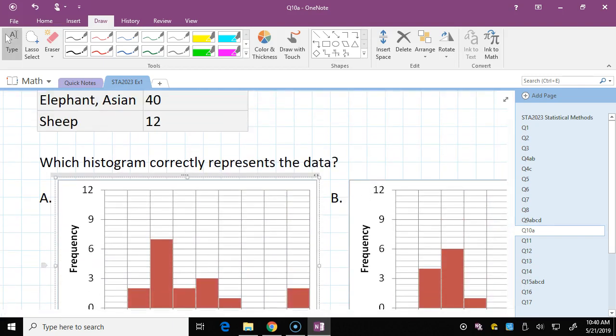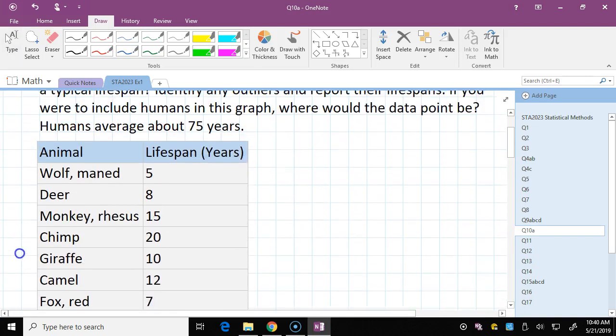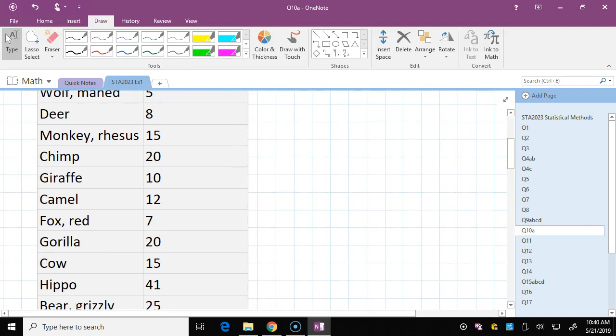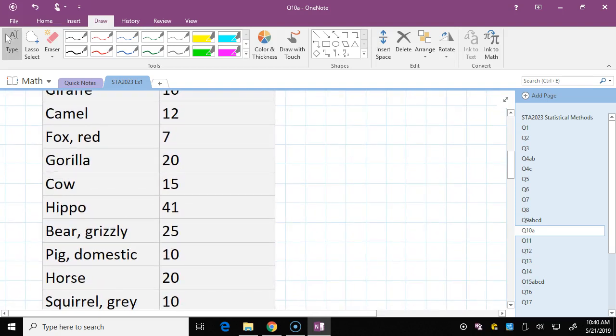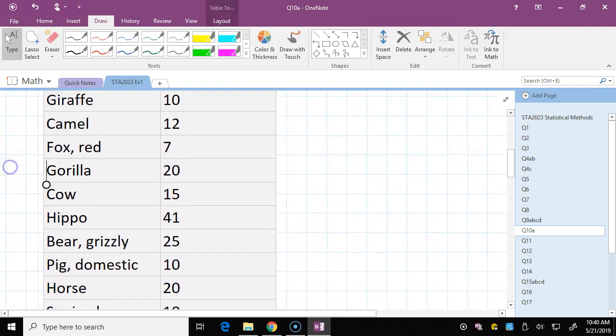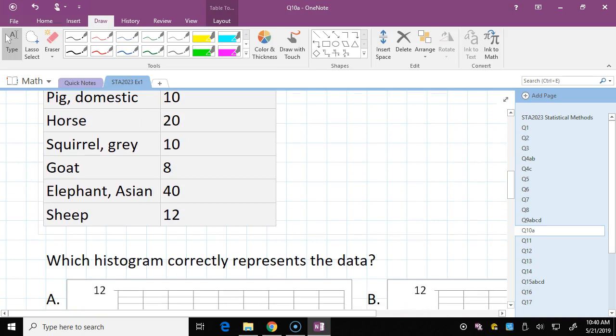But I would double check one more thing. Look at the 10 values. If you look at the 10 values, we have 10, a 12, another 10, another 10, another 12.